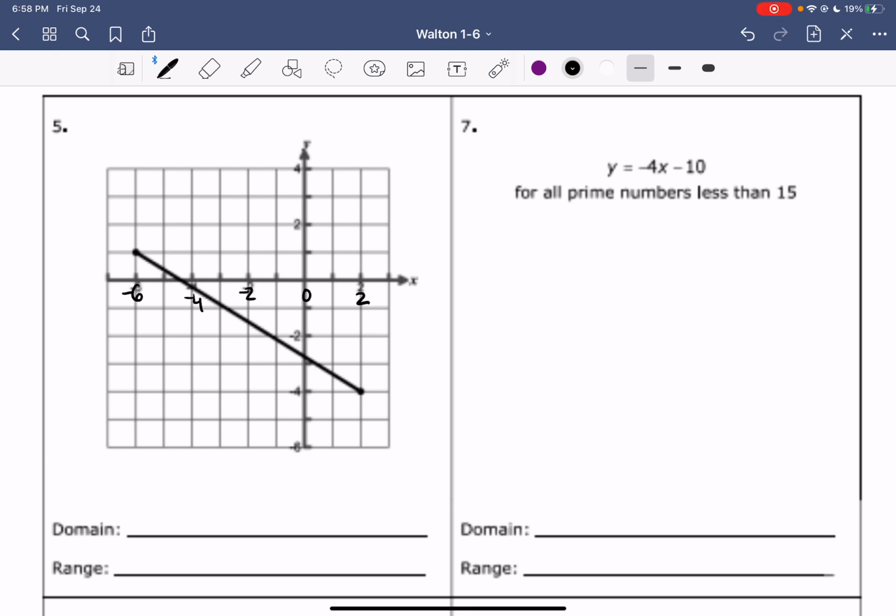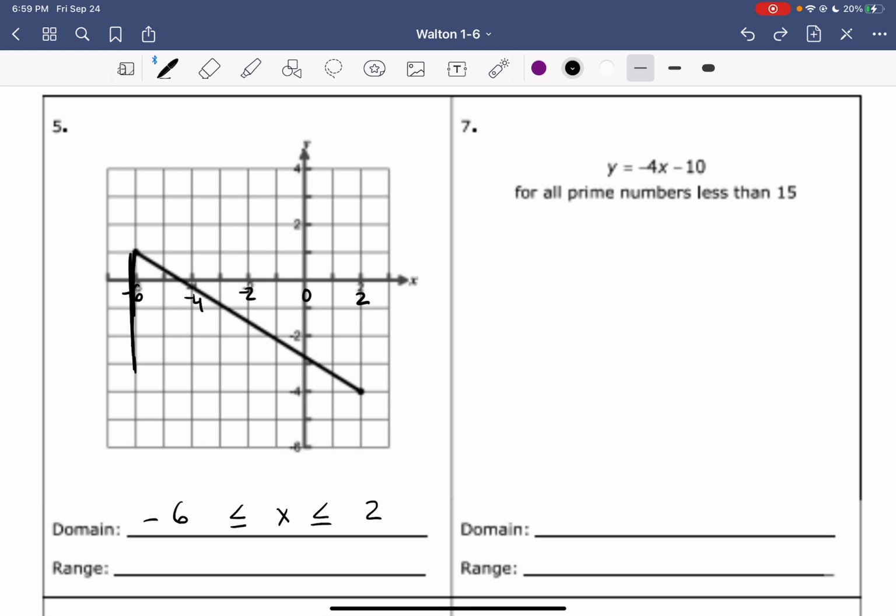So we have our graph extending on the x-axis from -6 to +2, and our x value is greater than or equal to -6, but less than or equal to +2. Because it only goes from this point that I'm shading right now, to this point that I'm now shading here. So that's the extent of our domain.